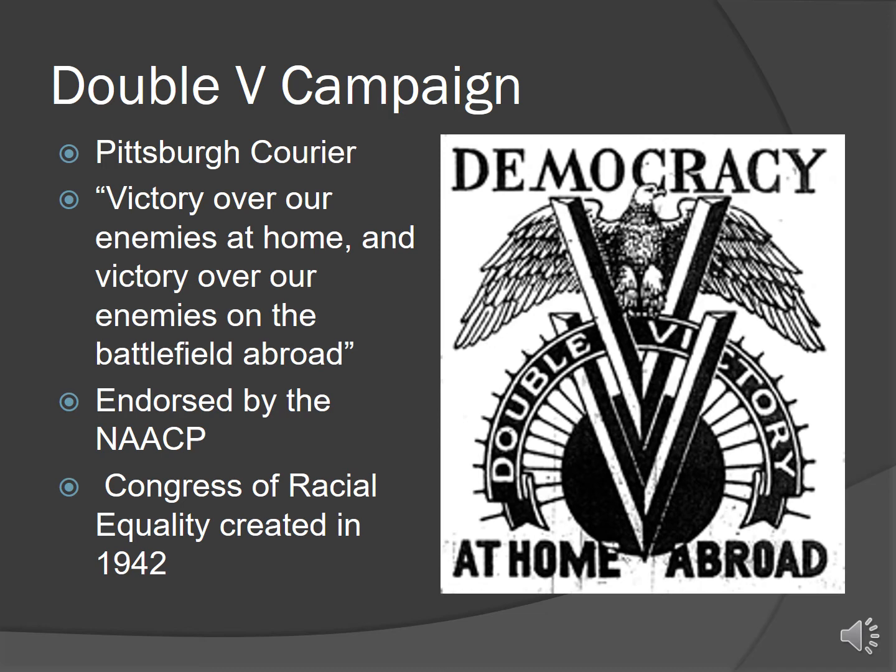So this campaign is started, known as the Double V campaign. It's started by an African American newspaper called the Pittsburgh Courier, and the Double V's in the Double V campaign stand for victory over our enemies at home and victory over our enemies on the battlefield abroad.